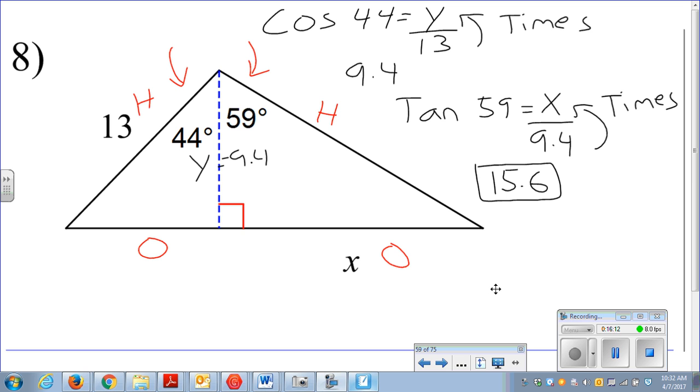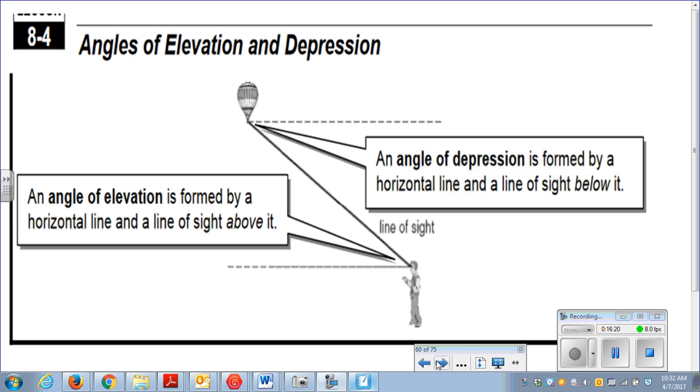But one of the things you need to know is understanding two new vocabulary words, the angles of elevation and depression. As you may think, elevation goes up and depression goes down. But the key point you want to keep focused on is that you got to start with a horizontal line.